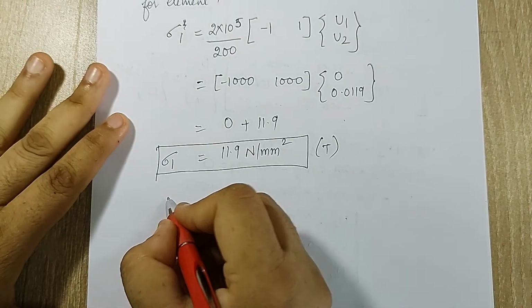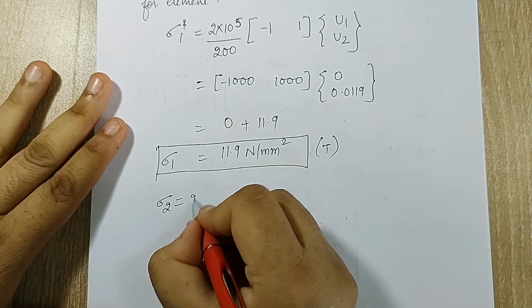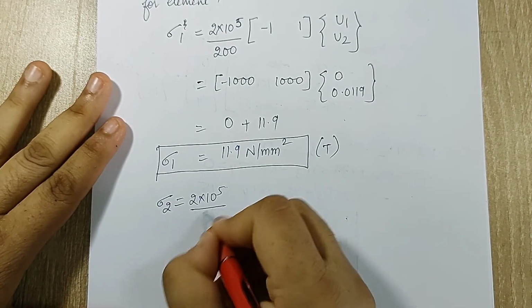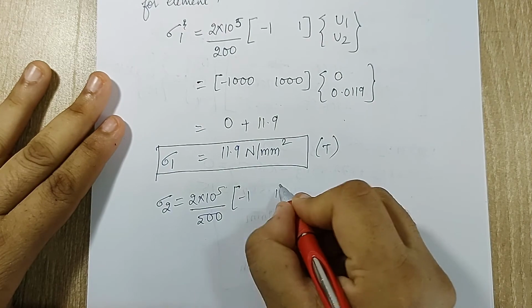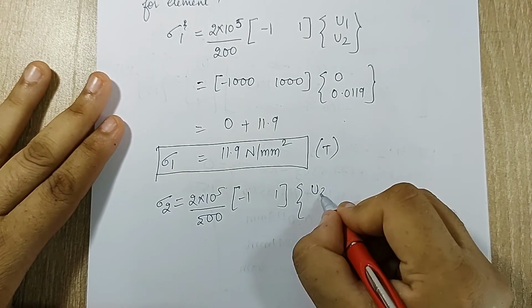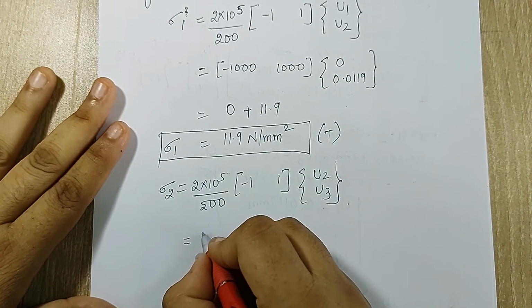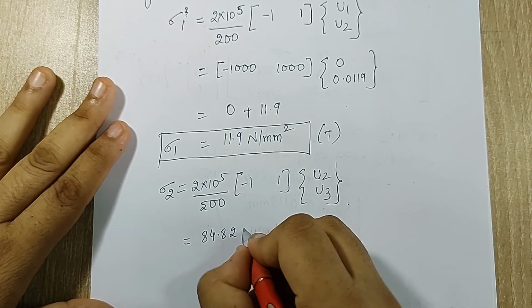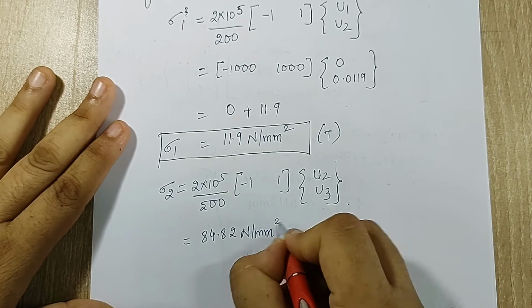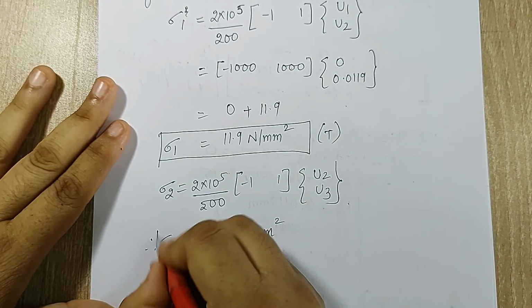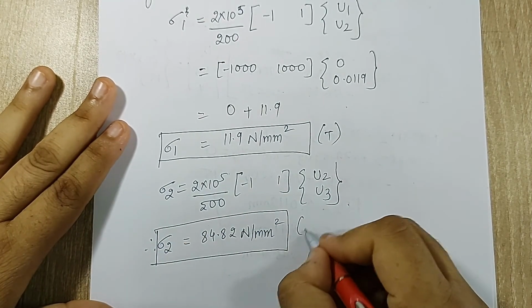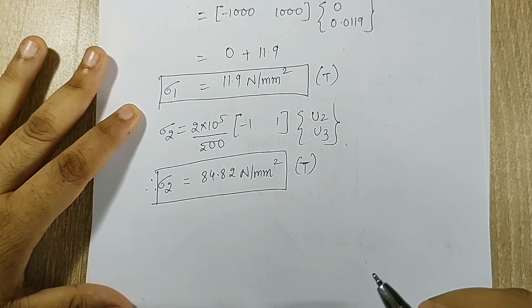Next I'll solve for sigma 2. It will be 2 into 10 raised to 5 upon 500, minus 1, 1. It is between node U2 and U3. You can solve this and you'll get the value as 84.82 Newton per mm square. Obviously the body is only subjected to tensile load, so all my stresses are going to be tensile and positive in nature.